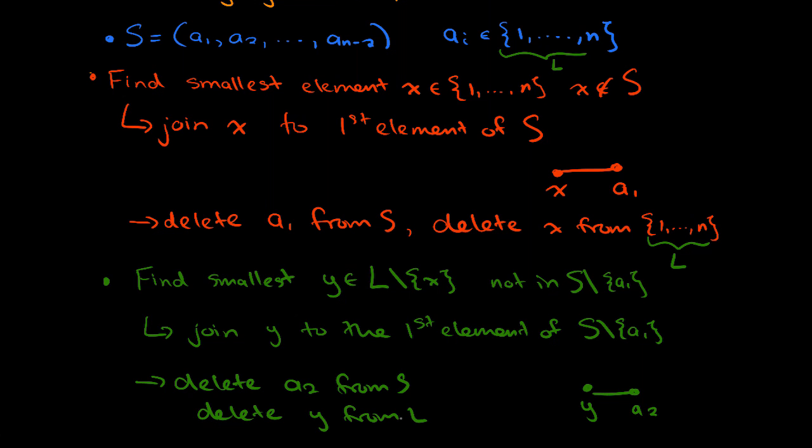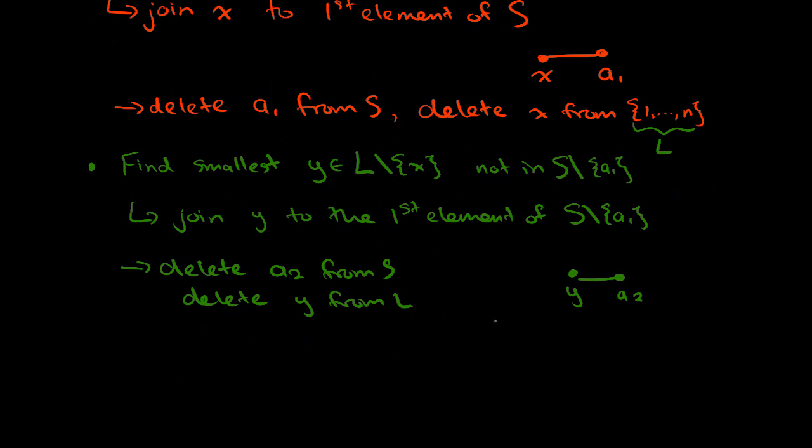So now L is reduced a lot. L no longer has the value x and no longer has the value y. And you just continue this process. I've only written two of the steps, but each of those steps is the same.